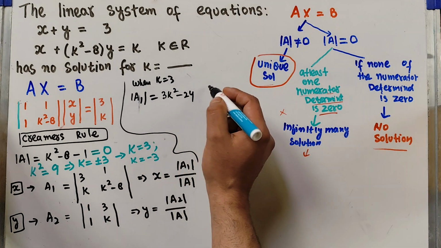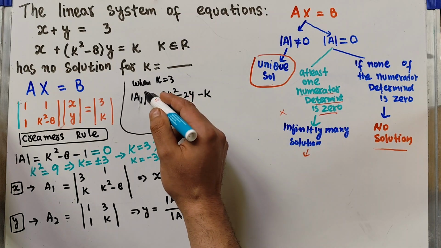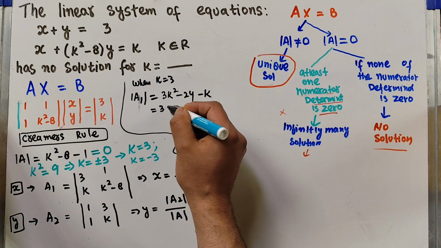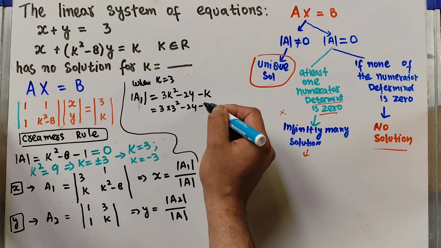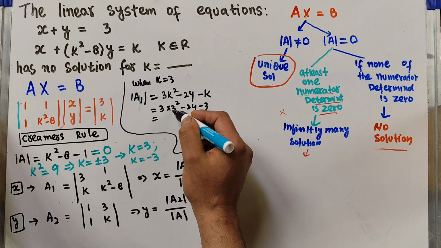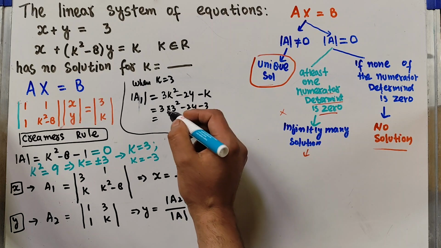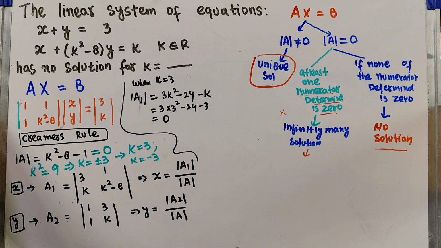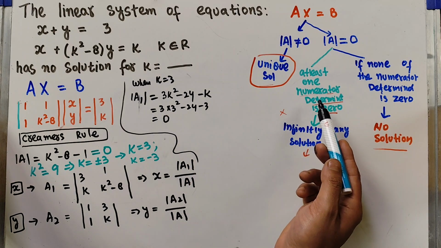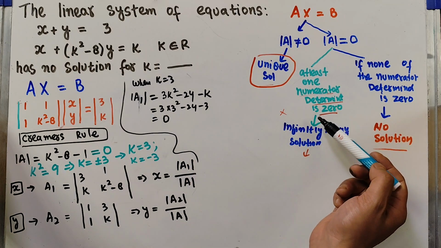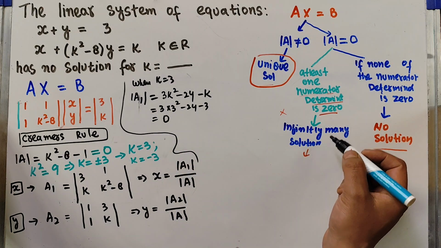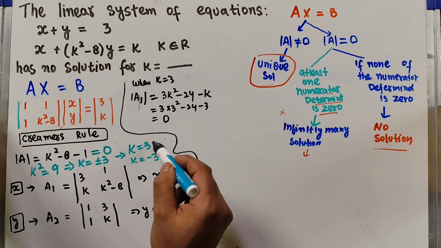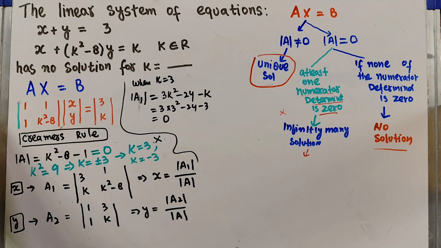From this we subtract k. So when k is equal to 3, that means 3 into 3 square minus 24 minus 3. So this is 9 3s are 27 minus 27, which is equal to 0. So when k is equal to 3, a1 comes out to be 0. That means at least one numerator determinant is 0 here, so when k is equal to 3, we will get infinitely many solutions. So k cannot be equal to 3 for no solution.